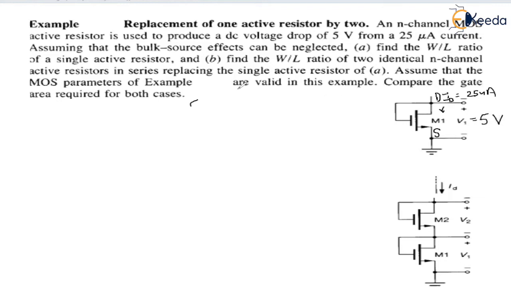Parameters are used as of the previous case. So Kn dash is given as 2.4 into 10 to the power minus 5 ampere per volt square. Vtn is 0.75.